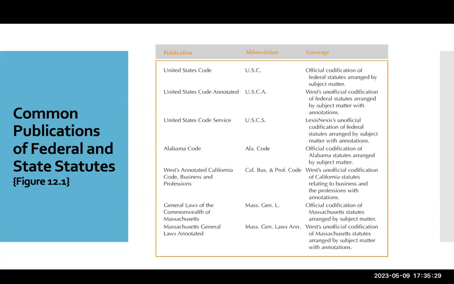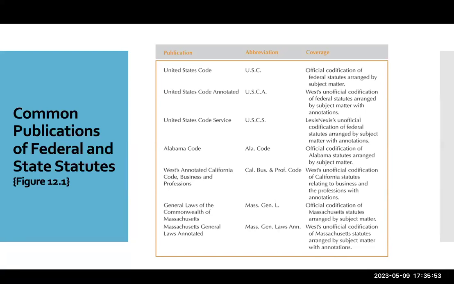The unofficial versions are typically published by companies like West Publishing and LexisNexis. To illustrate the difference, the United States Code is an official version published by the United States government. United States Code Annotated is the version published by West Publishing.